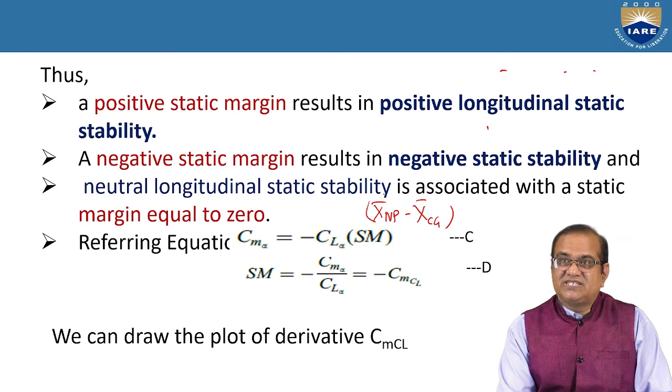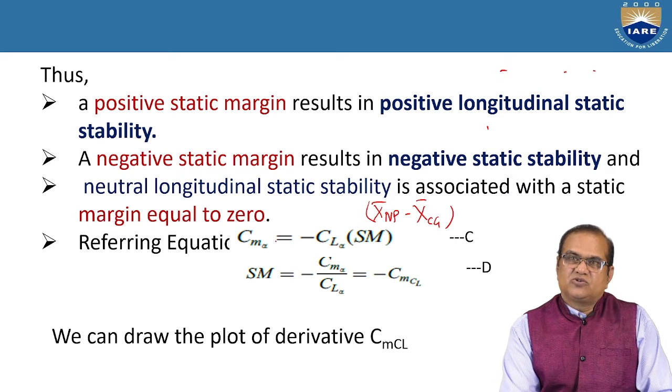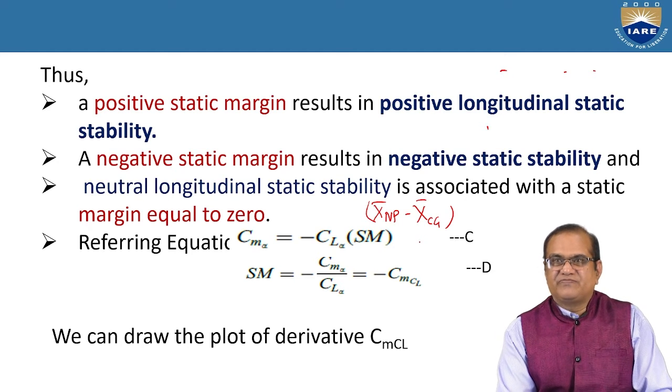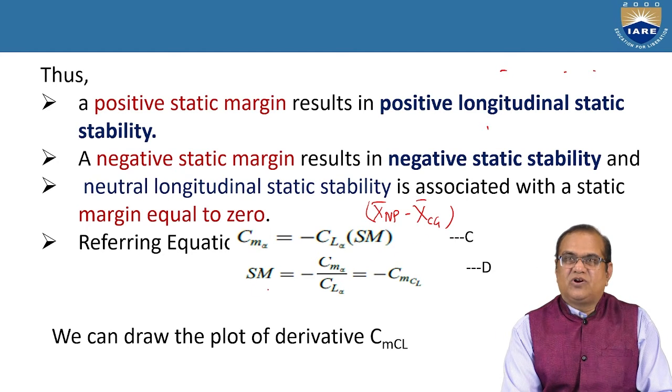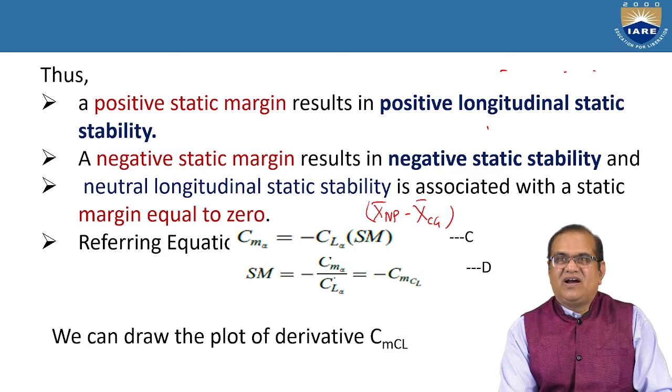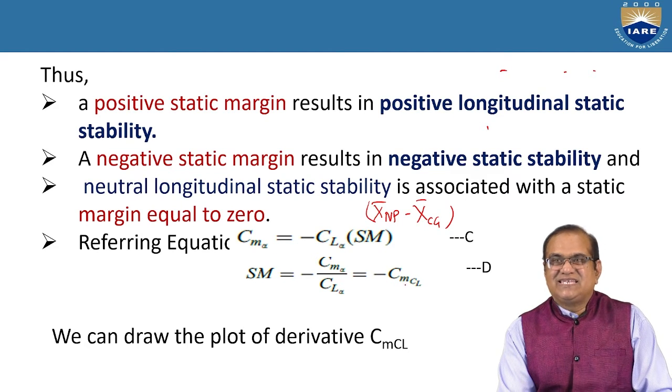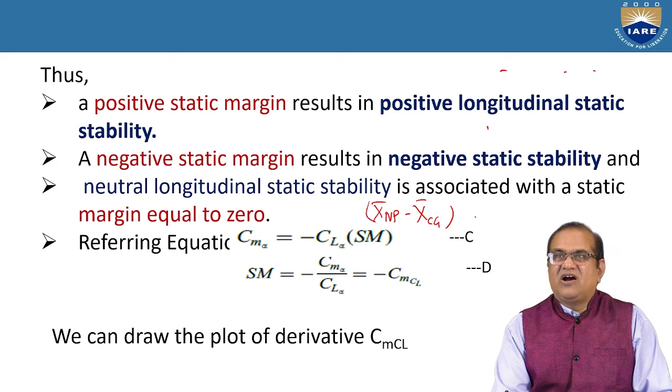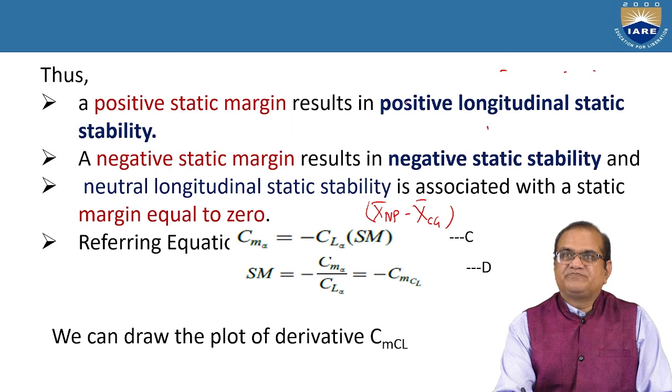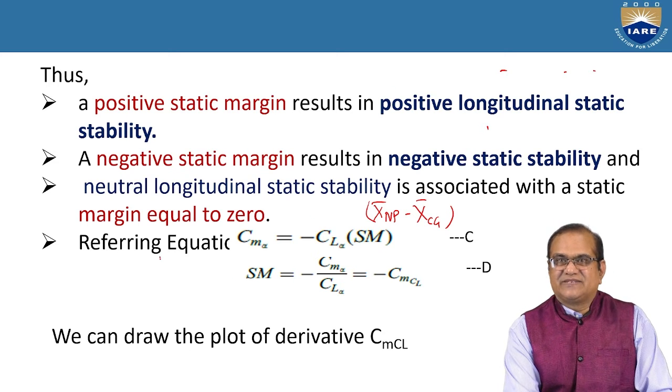So these things are all non-dimensional; you will not get any unit. So CM alpha is equal to minus CL alpha into SM, and SM is equal to minus CM alpha by CL alpha, and this is called minus dCM/dCL.